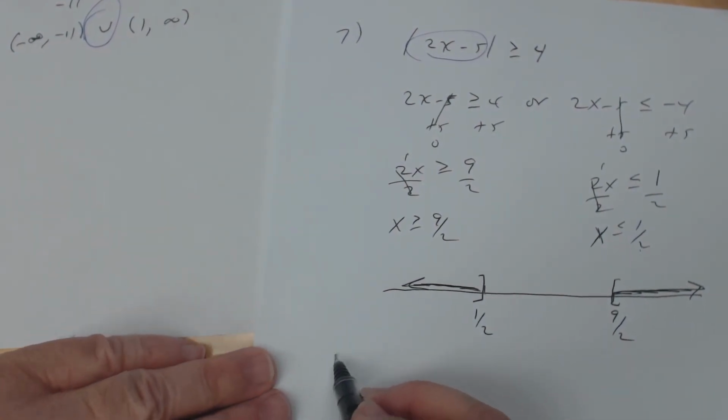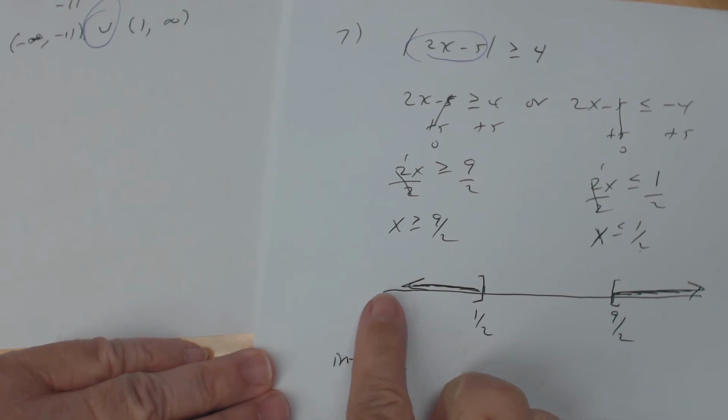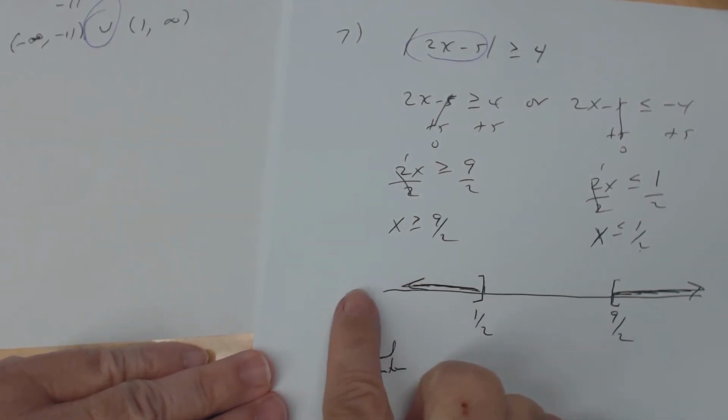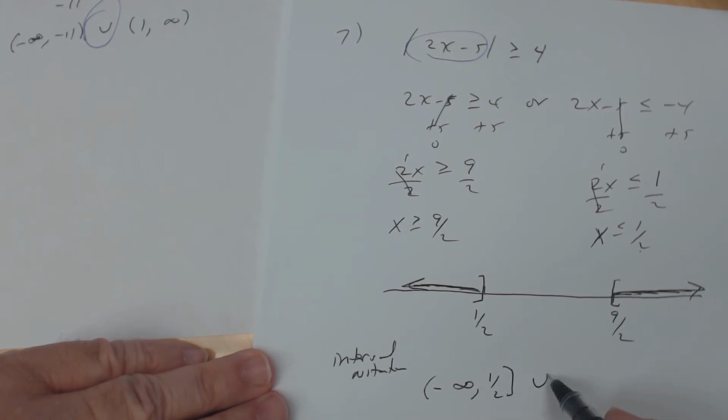So in terms of interval notation, again, remember how that's going to look. Let's do this first. You're going from negative infinity. Remember this arrow is pointing to negative infinity, and with negative infinity or infinity, you always use parentheses. So parentheses, negative infinity, comma, 1/2 with a bracket. Union.